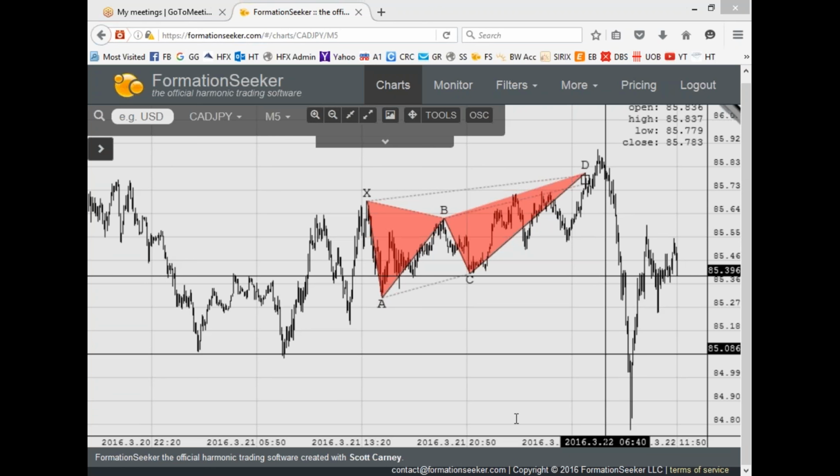It is not endorsed by Scott Carney, so make sure that you start using the shark pattern, which is more accurate and more based on harmonics, whereas the cipher pattern was introduced by Jason Stapleton, which is not an official pattern in the harmonic armory. So Nuno, I think I answered your question.